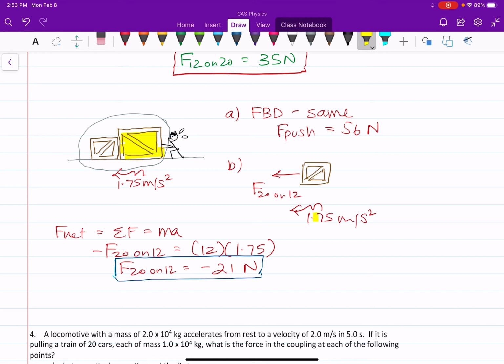The reason it's only 1.75 is because of this 12 kilogram block in front of it. So it's almost like the 20 kilogram block absorbs some of the force, and the smaller block doesn't need as much force in order to accelerate, so there's less force left over for it to use in this situation.